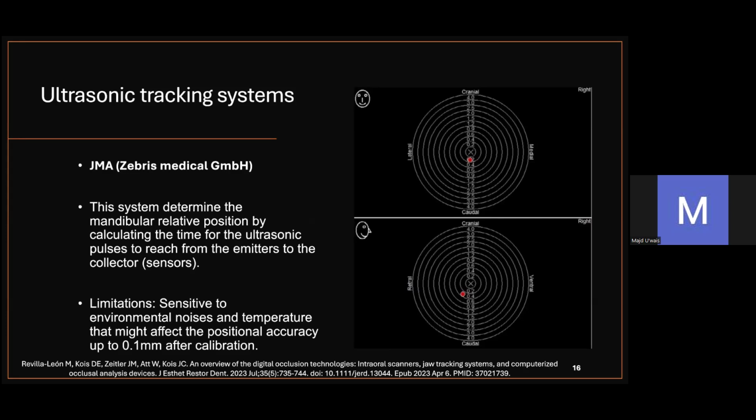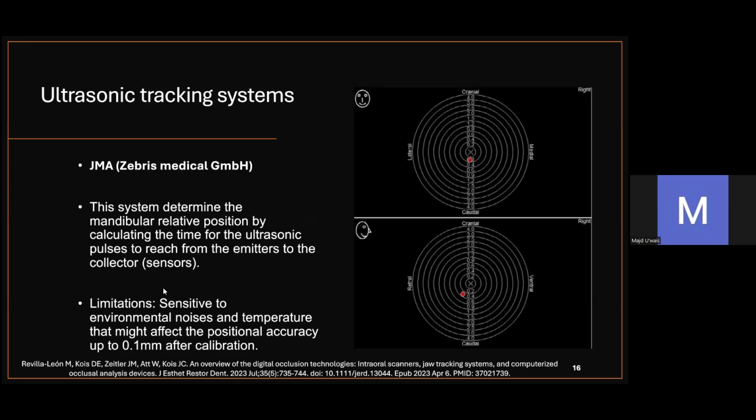As you can see in this tracing graph, it gives you these numbers, which represent the distance of movement. Also, the relative position of this red dot to the center represents the direction of movement.